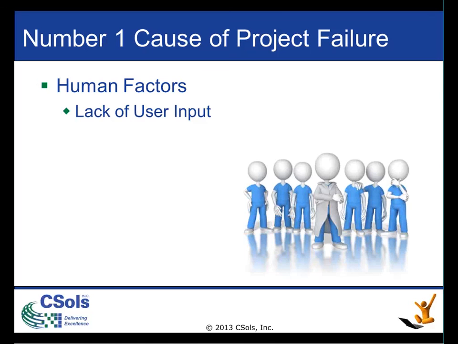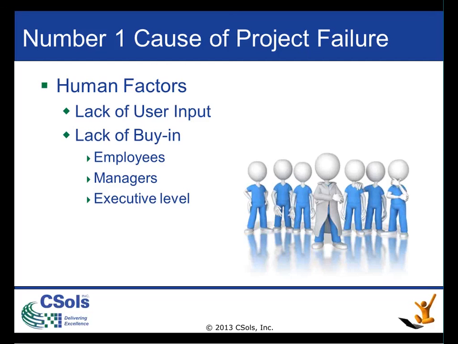So what kind of human factors? The Standish Group goes into this as well. First off, it tends to be lack of user input, which means the system is delivered, but it turns out it's not what the user actually wanted. So when they come around to use it, they're not seeing the business value because it's not really what they wanted. The second most common reason is that we have some sort of problem in the organization with buy-in.